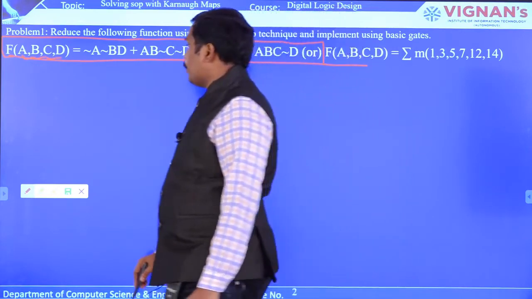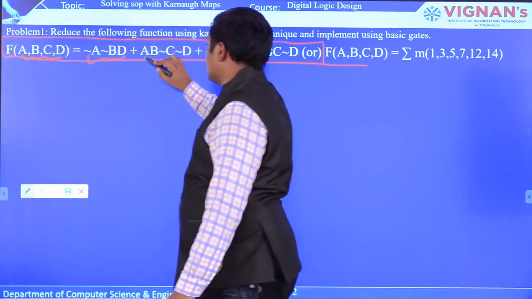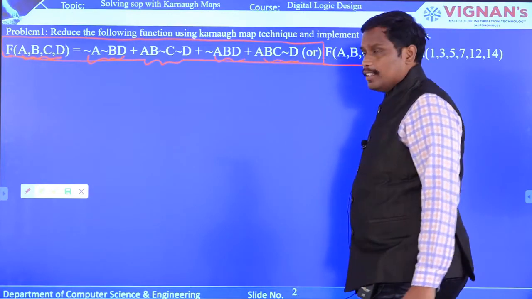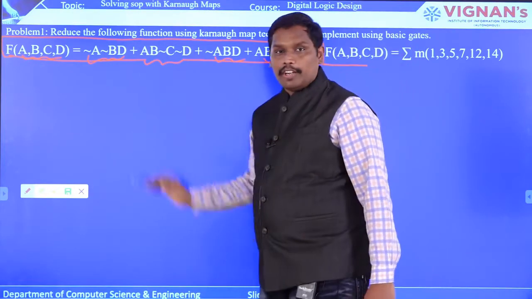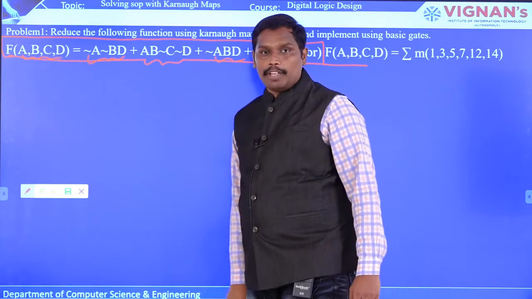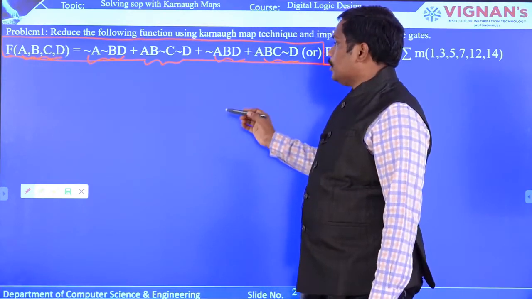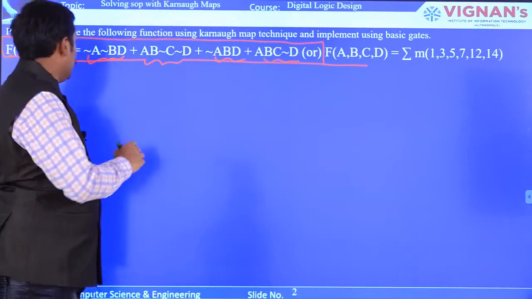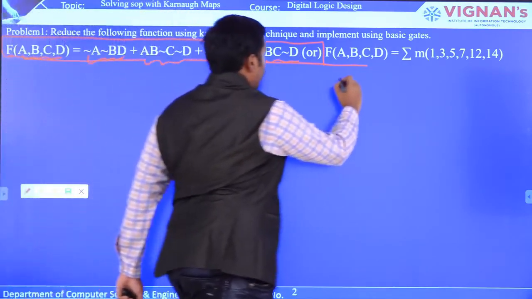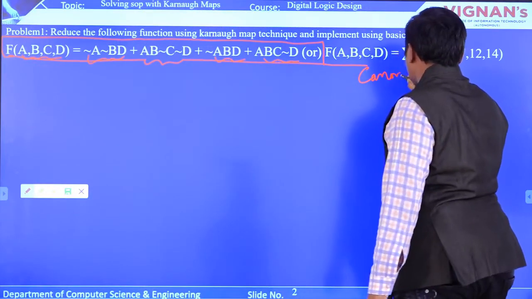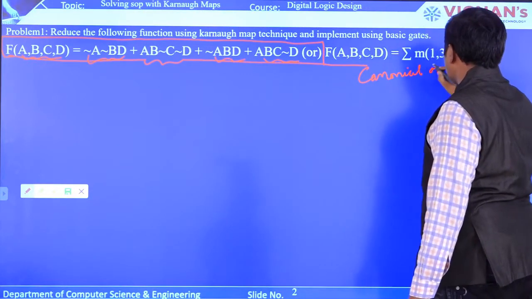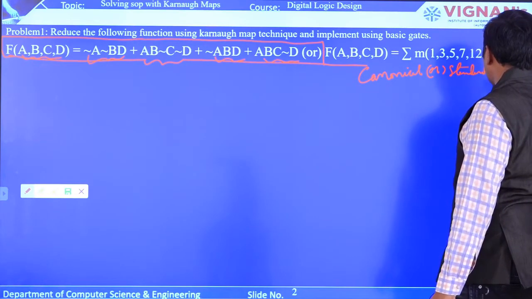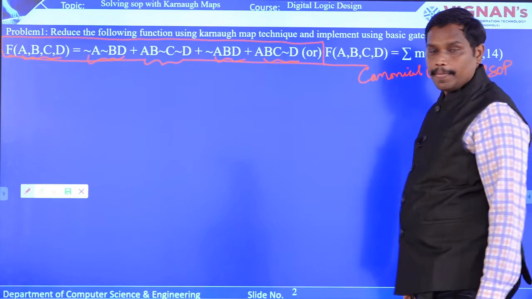Okay, and while you see these particular min terms, right? All the min terms should have all the 4 variables because that is a 4 variable Karnaugh expression. So here the expression is not in canonical or standard SOP, sum of product form, right?